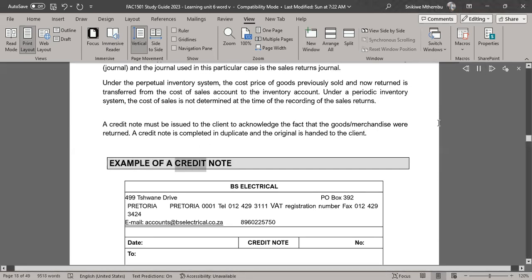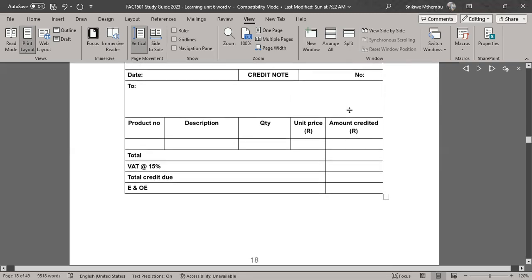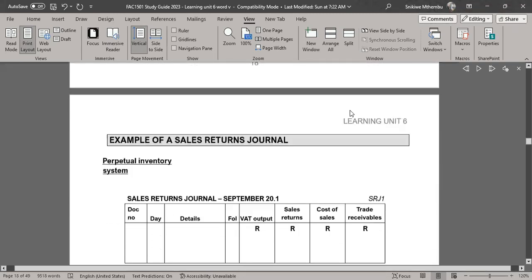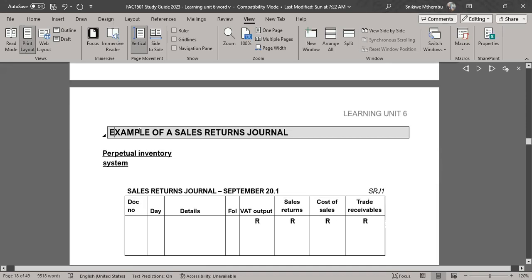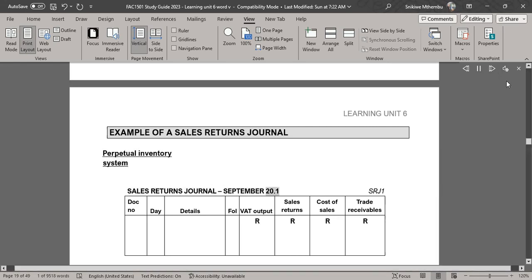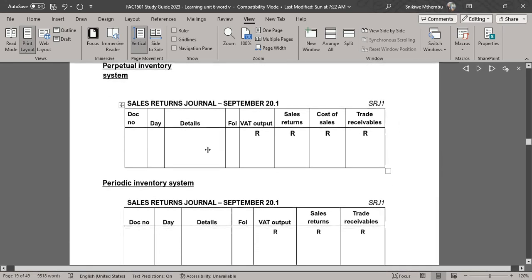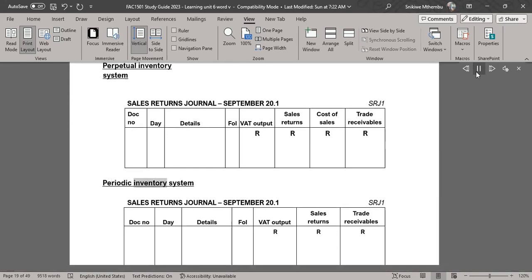1.5 Example of a credit note. Example of a sales returns journal. Perpetual Inventory System. Sales Returns Journal, September 20.1 SRJ1. Periodic Inventory System.